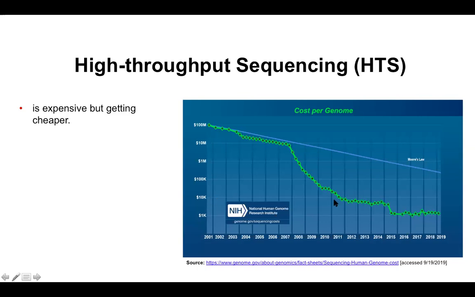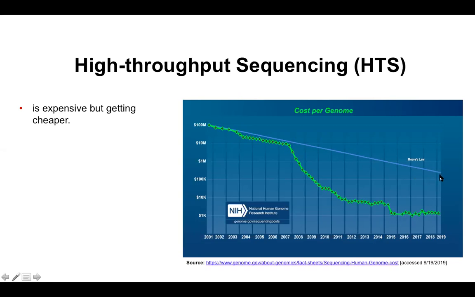High throughput sequencing. So this is showing you the year up until about 2019, and this is showing you the cost per genome. So back when we did the Human Genome Project, we spent like $100 million on it, right? Keep in mind, this scale here is a log-based scale, right? We spent a ton of money on that first genome. And Moore's law would say that there's a simple log relationship here, and we would expect this sort of depreciation in cost.